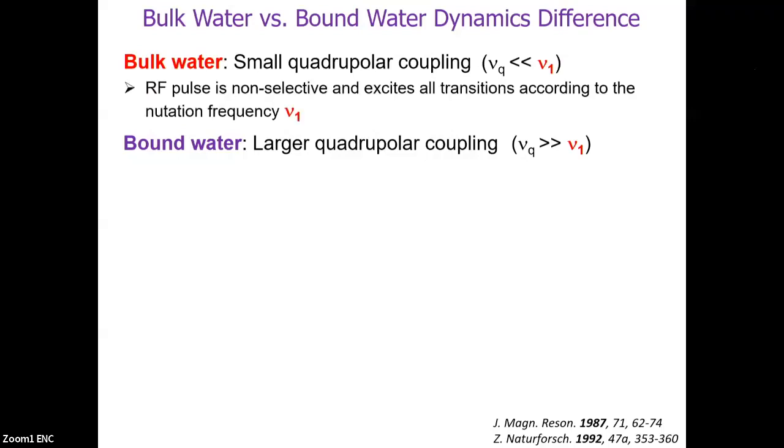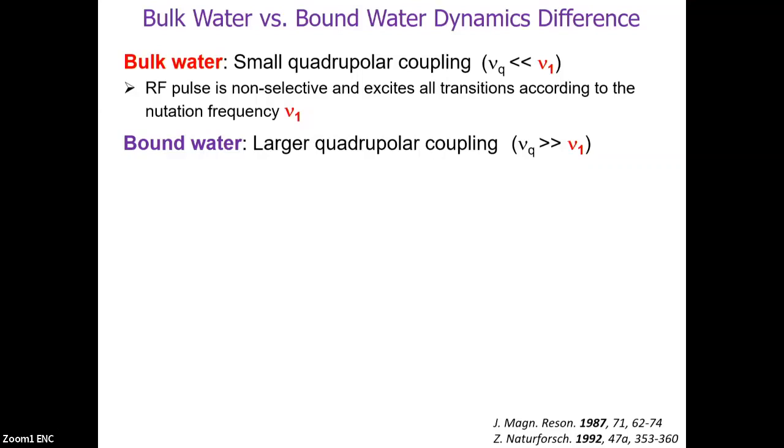it's well known that if the quadrupolar coupling is much smaller than the applied pulse frequency, then the pulse is non-selective, which means all the transitions follow the nutation frequency of nu1.